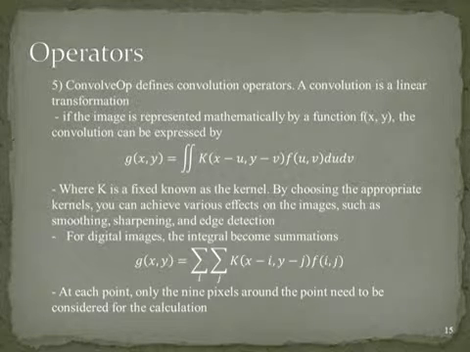So the kernel is in most cases a 3 by 3 matrix filter, and f of x, y is the image. So if we want to calculate the value at a specified point f of i, j, then we multiply f of i, j by the center of the kernel, and the neighbors of f of i, j by the neighbors in the kernel, and then make a summation to calculate the result in the processed image.